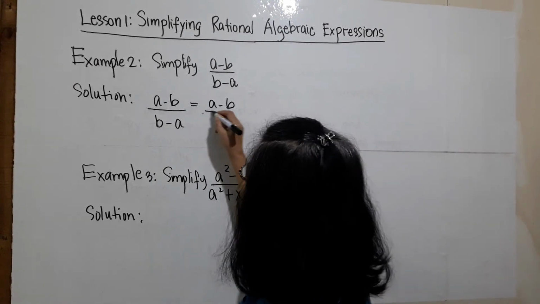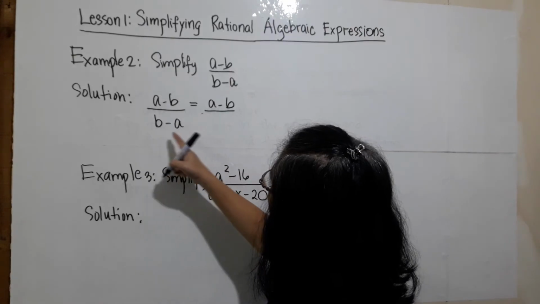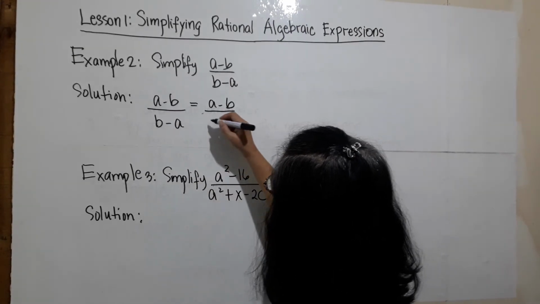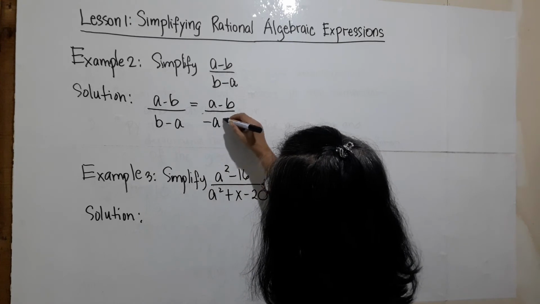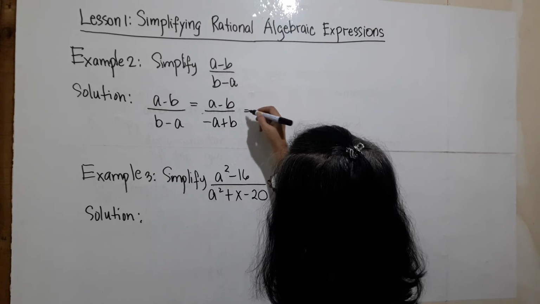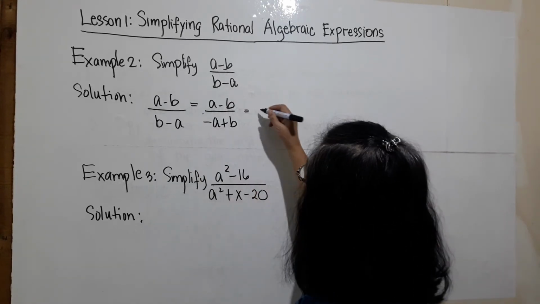So what we are going to do is to rearrange the terms such that a will come first and b will follow. So we have here minus a plus b. But let us make the variable a positive.